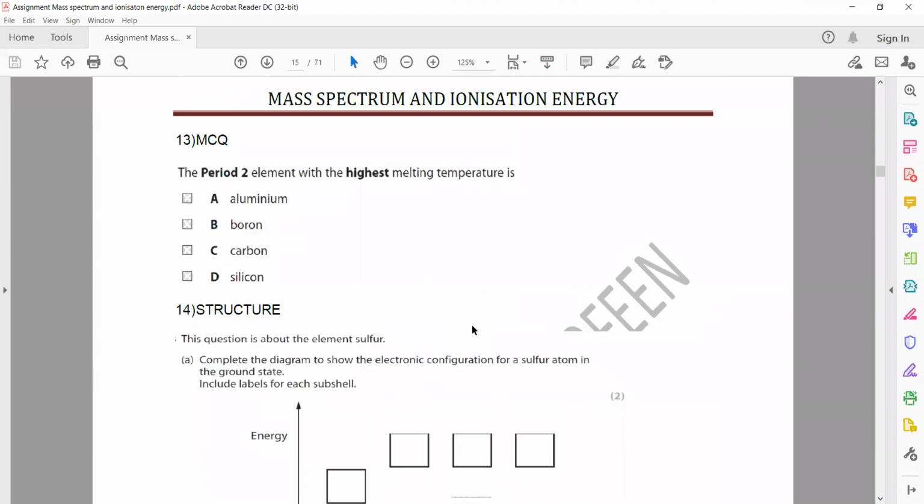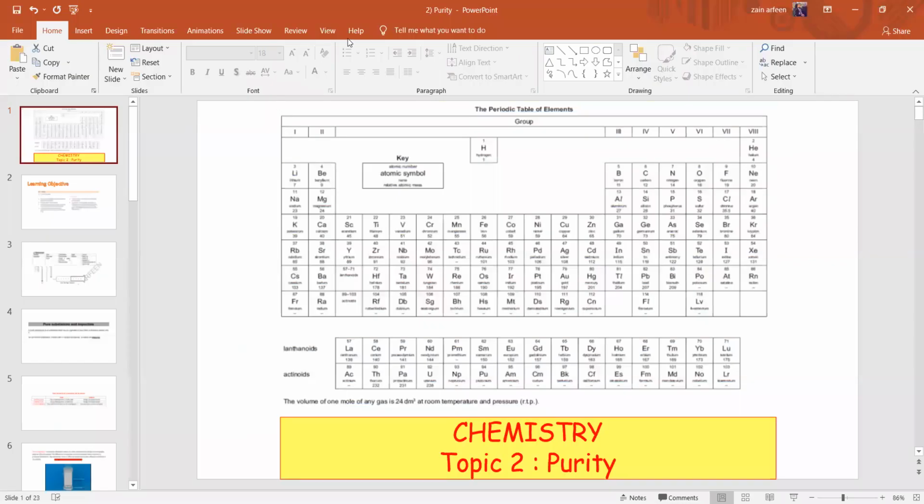In question 13, the period 2 element with the highest melting point. When we check the elements in period 2, as we move across group 1, 2, 3, and then group 4, it increases.